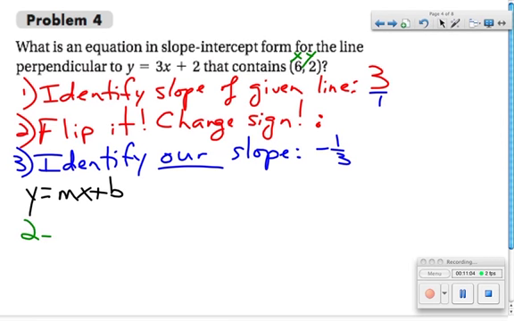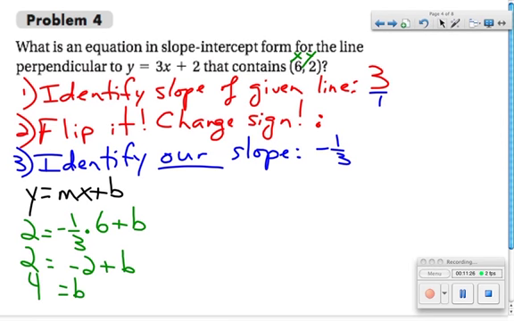Our equation would become 2 equals negative 1/3 times 6 plus b. Simplifying this equation, I have negative 2 plus b equals 2. And when I solve for b by adding 2 to both sides, b is 4.